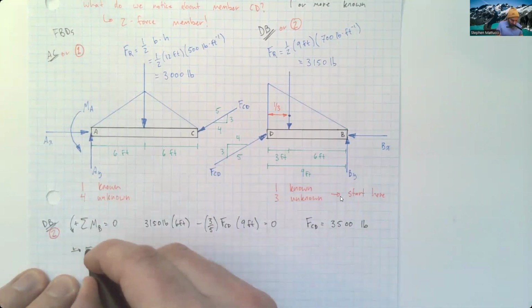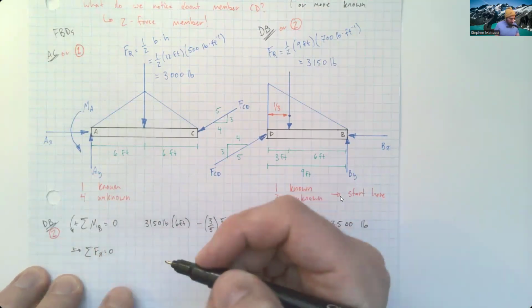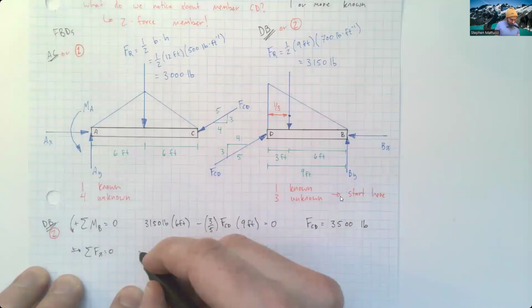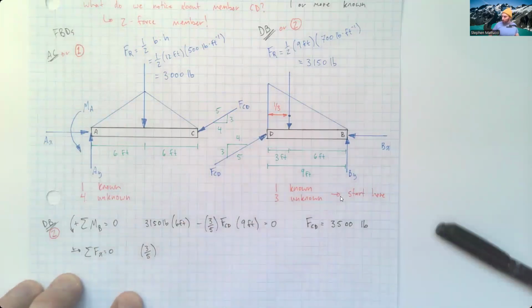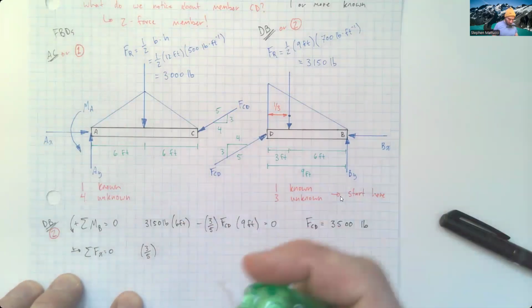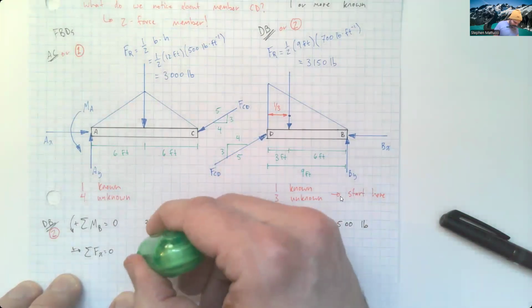So let's do sum of forces in the X equals 0. We have, whoops, that should be 4/5. In our X, we've got 4/5 in our X, not 3/5.